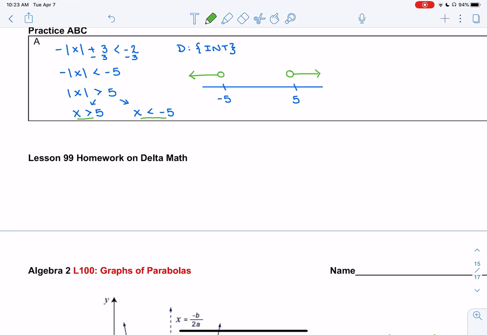However, if you do that and stop there, that's not going to be the correct answer because we are only working with integers. So that means that we can only have whole numbers, no decimals or fractions. But it's important to know we had open circles at 5.